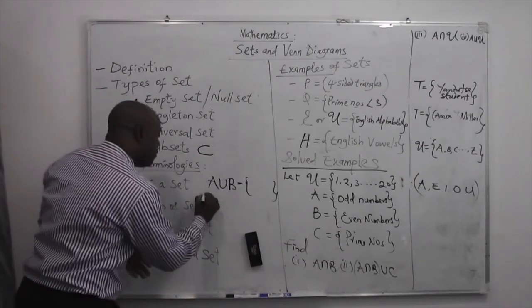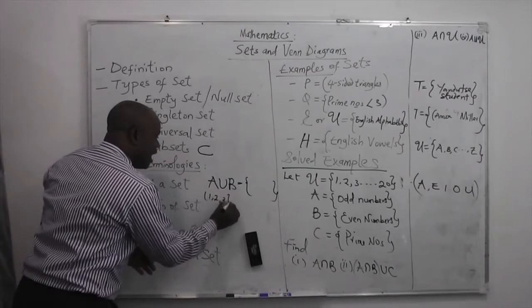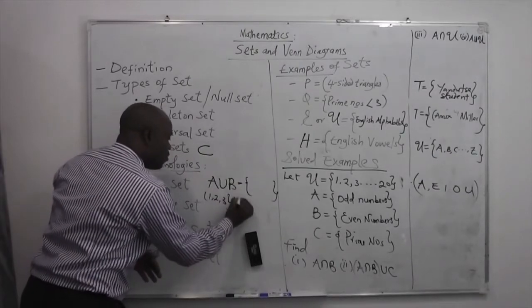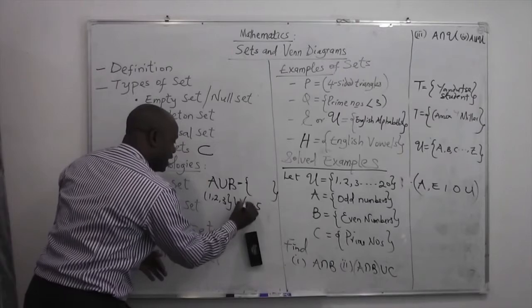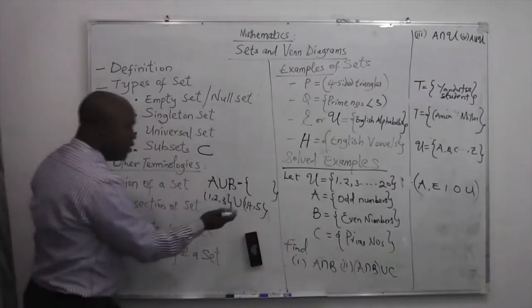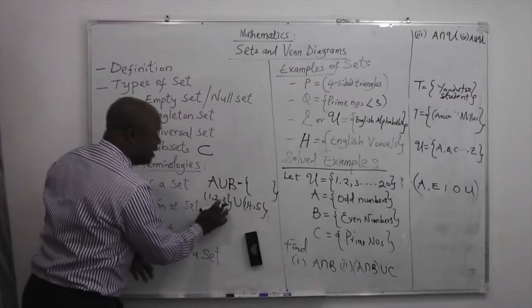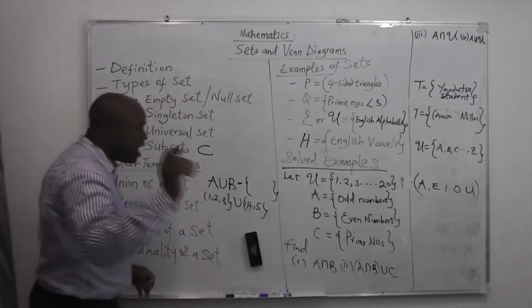What does that mean? Suppose A is 1, 2, 3, and then we have B equal to 1, 4, 5. A union B is going to be what? All the elements in A together with all the elements in B without repetition.